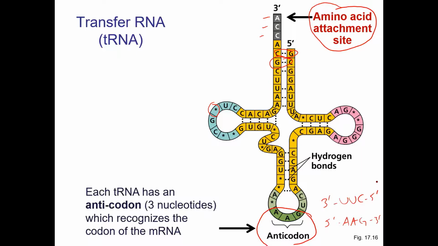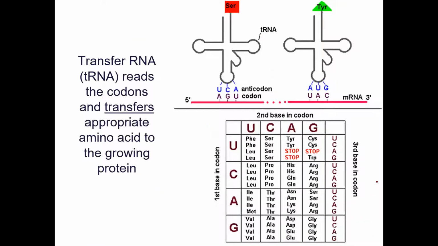So we'll talk a little bit more about anticodons and codons, like I said, when we get to translation. Here's a picture showing you the anticodon matching with some codons. So you can see there's the anticodon U matching with A, C matching with G, and A matching with U. And so the codon, that's what we look for on our genetic code to see what amino acid that codes for.